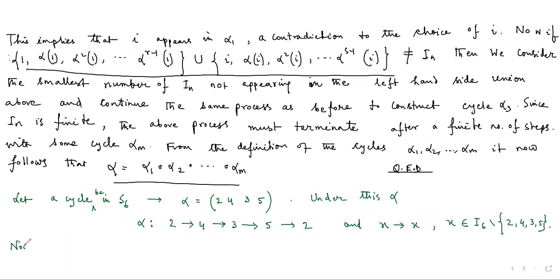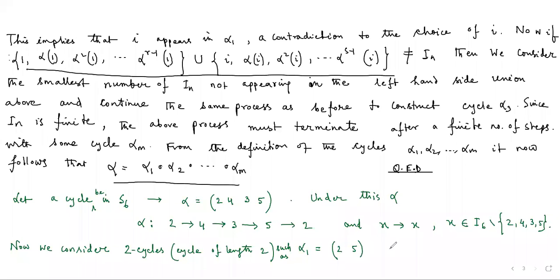Now we consider, say, 2 cycles, that means cycles of length 2, such as alpha 1, say for example, it is (2 5).